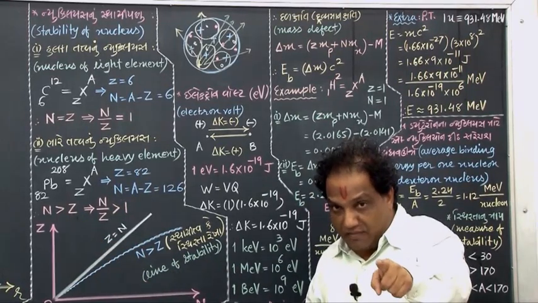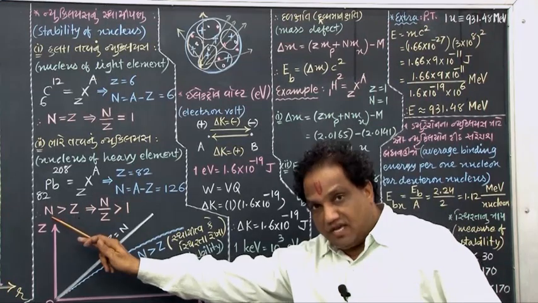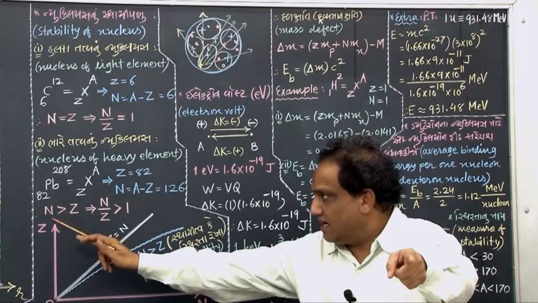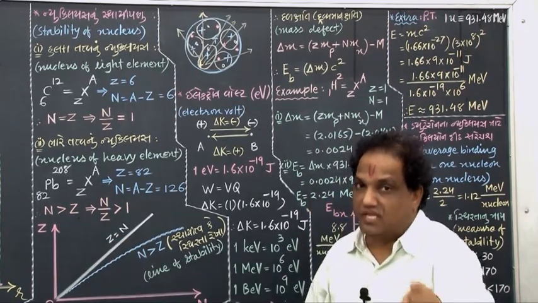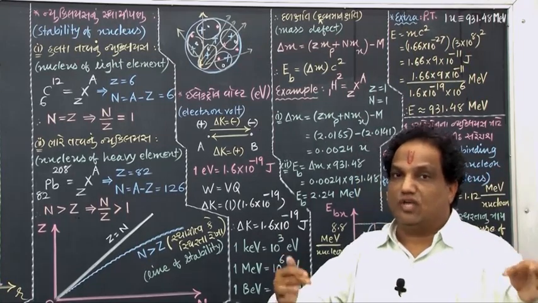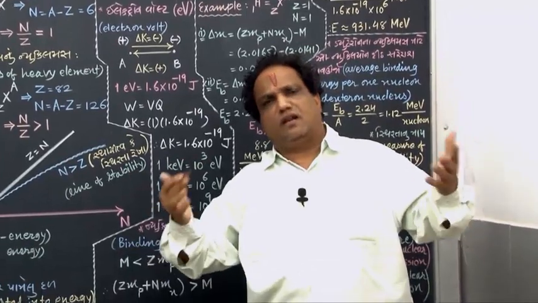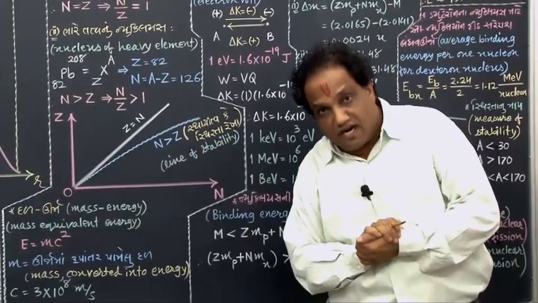Nucleus of a heavy element can remain stable only when the number of neutrons is greater than the number of protons. So this N greater than Z becomes the necessary condition for the stability of the nucleus of a heavy element. Nucleus of a heavy element can remain stable only if N is greater than Z.